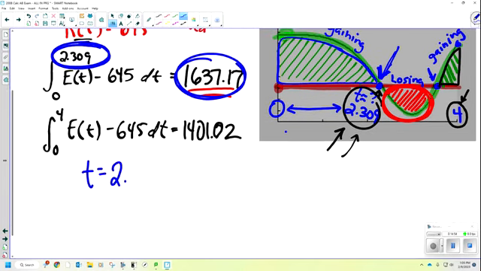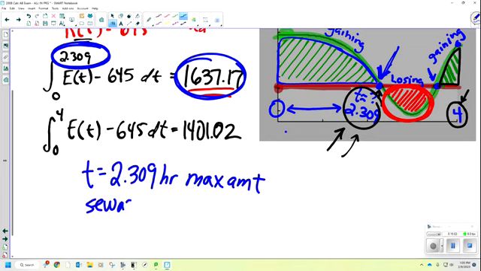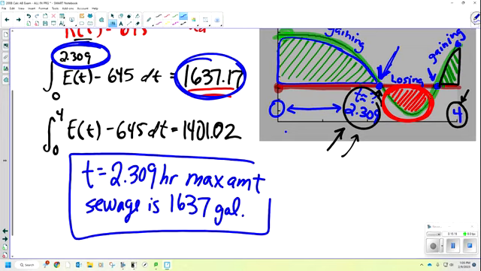So at time 2.309 hours, the max amount of sewage is 1,637 approximately. That's gallons. There you go. That was a lot of discussion and explanation about what we were doing. But it's there, and we're done, and we did a bang-up job on that.